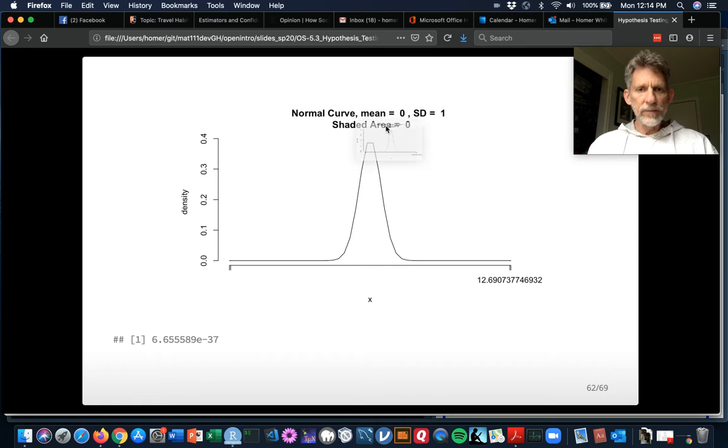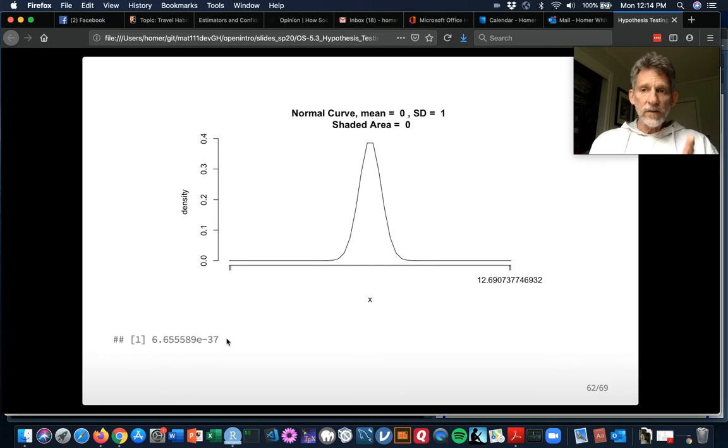And it's approximated as a 0 up here in the title for the graph. But in your console, you're going to see a more exact statement of what they think the p-value is. 6.6 times 10 to the minus 37 power.